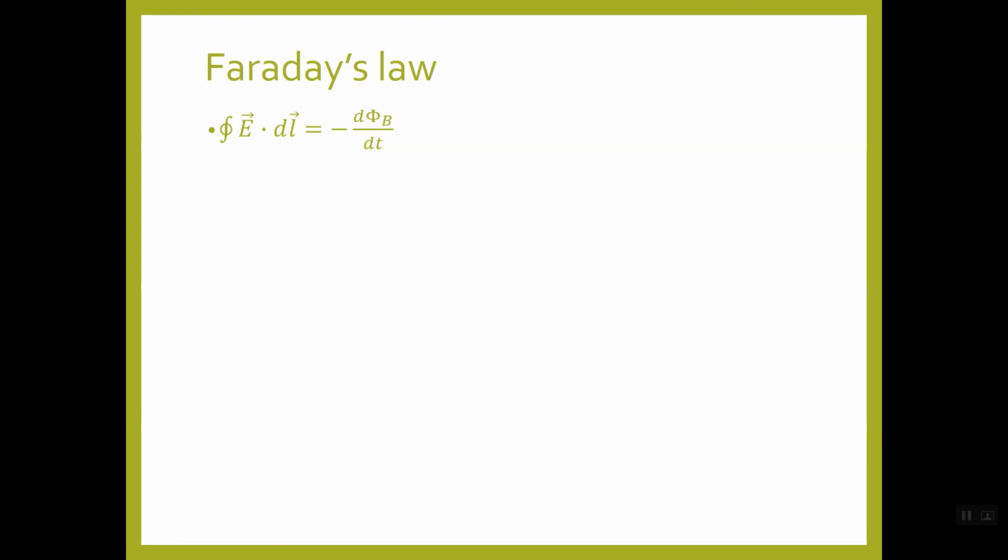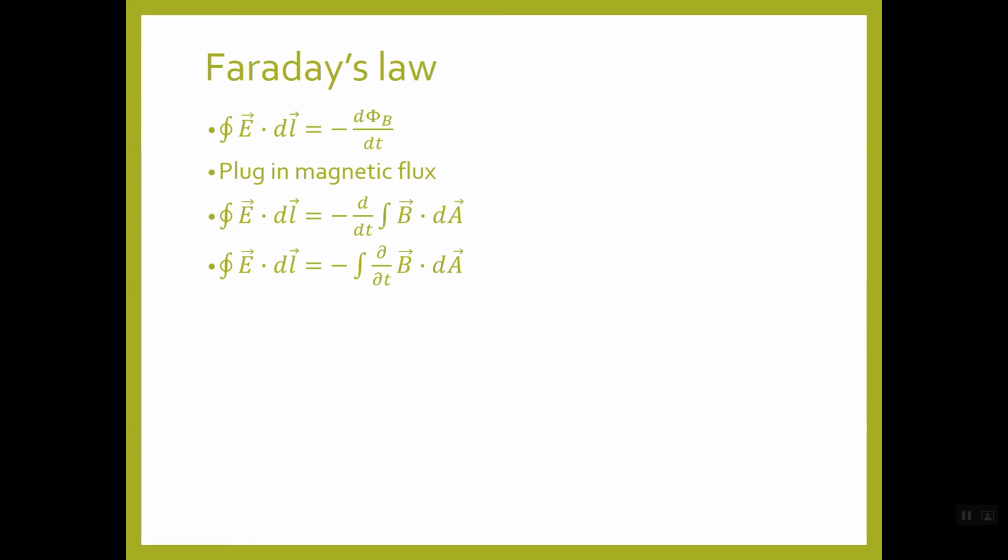If we look now at this integral form and plug in the magnetic flux, so the integral of B dot dA, I'm going to apply now Stokes' theorem to the left-hand side. So we have a line integral of our vector field is equal to the surface integral of the curl of that vector field.